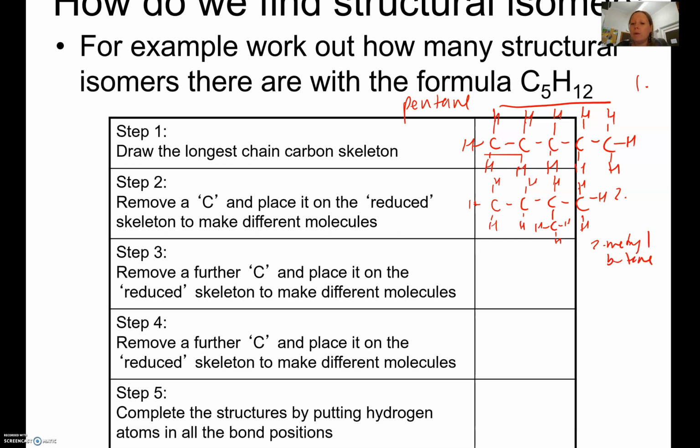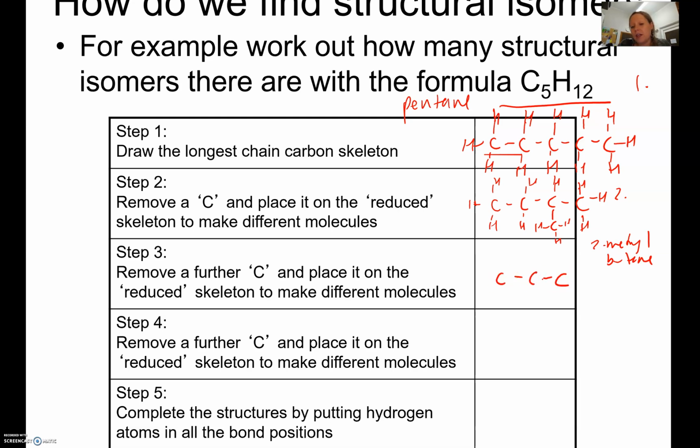We would normally at this point, at step 2, try to see if we could place that branch anywhere else on the chain to see if it produces a different name, but we know we can't, because if we put it on this 3rd carbon, the name would still be 2-methylbutane, because it would just read from the other side. So the next technique is to remove another C from the parent chain, which would now make our parent chain 3.